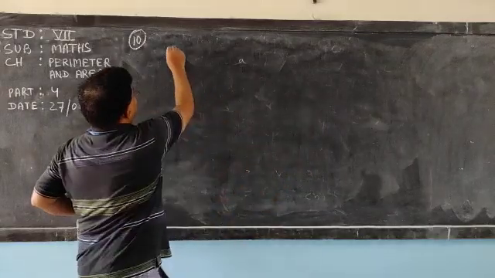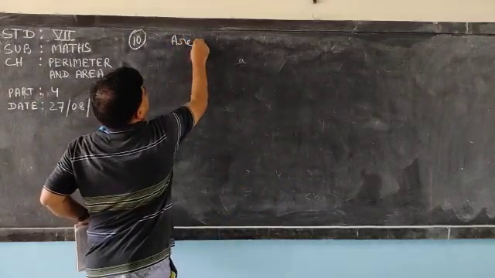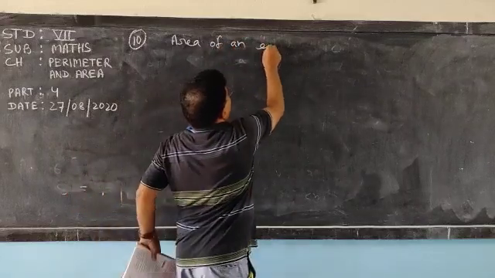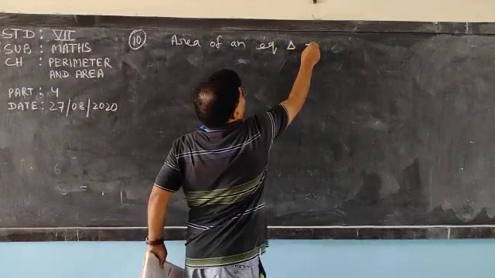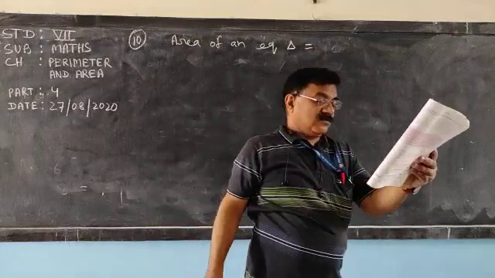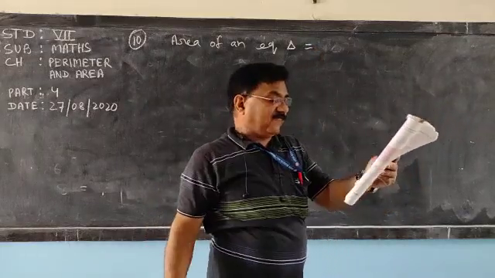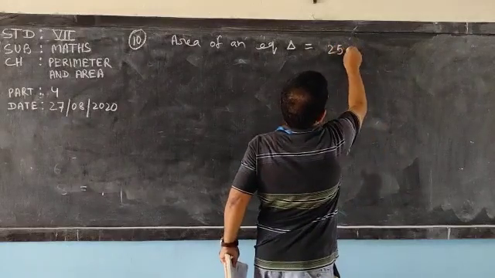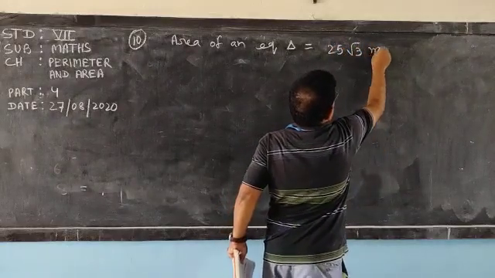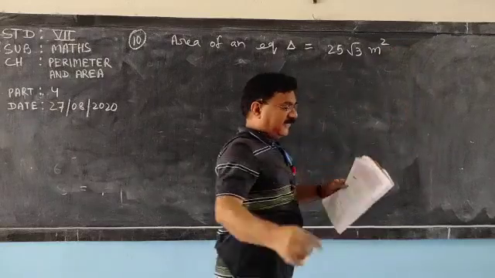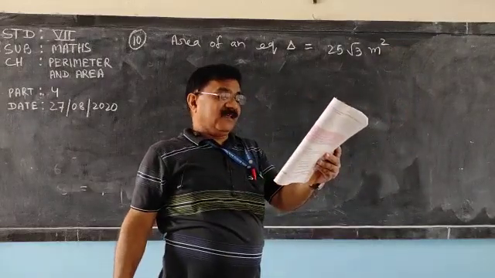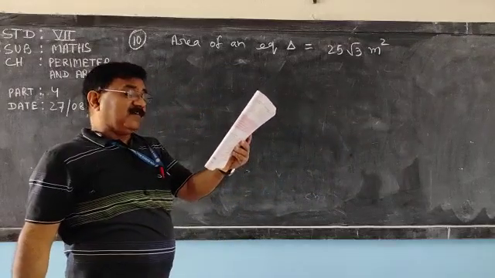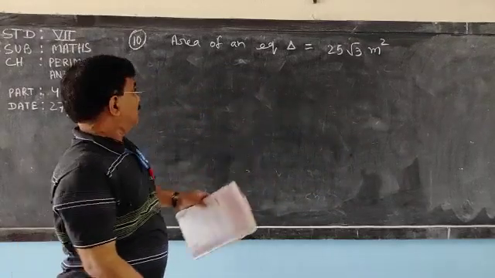Area of an equilateral triangle is equal to 25 root 3 meter square. 25 root 3 meter square. It is given. Find the length of the side. Find its perimeter and altitude.